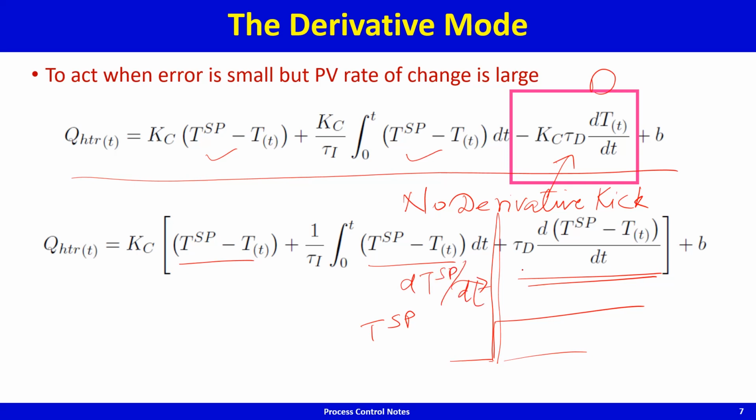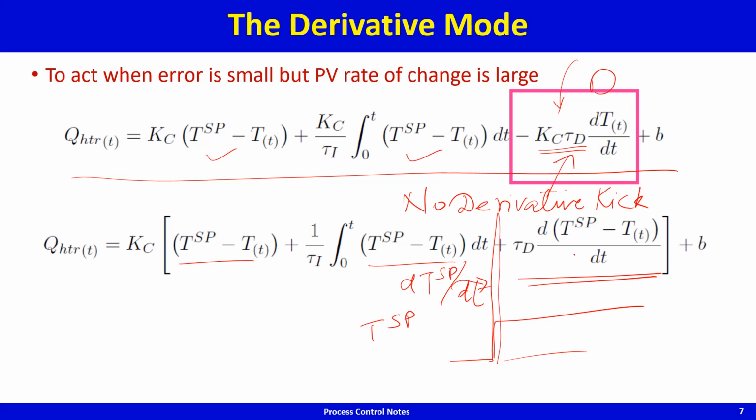So QHTR will get this kick because of the derivative of a step change. Because here the derivative is not being taken on the set point, there is no derivative kick, and so I prefer this form of the PID control algorithm, proportional integral derivative control algorithm, instead of this.